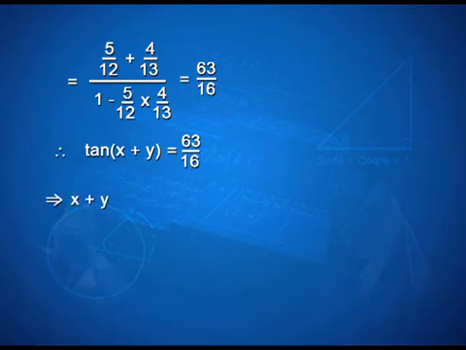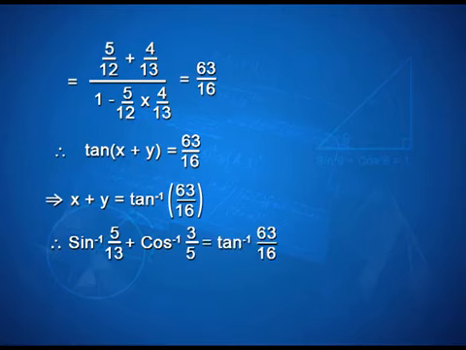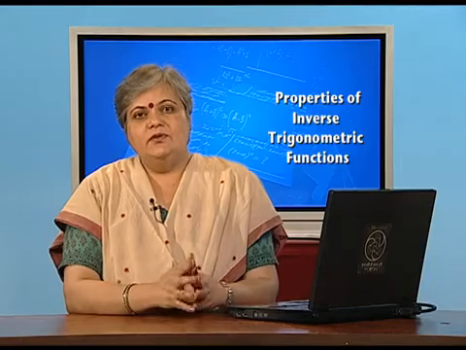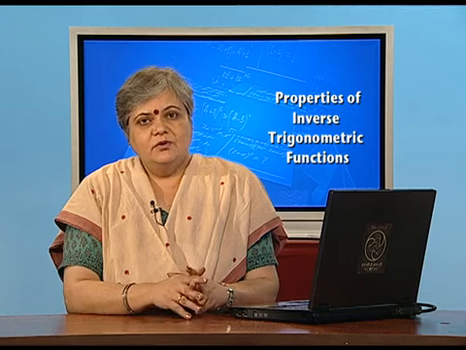X plus y therefore is tan inverse of 63 by 16. What was x? Nothing but sin inverse of 5 by 13, and y is cos inverse of 3 by 5, and hence your problem is solved. So, it was not so very challenging, isn't it? Just keep your calm about it, and I am sure you will get through it.